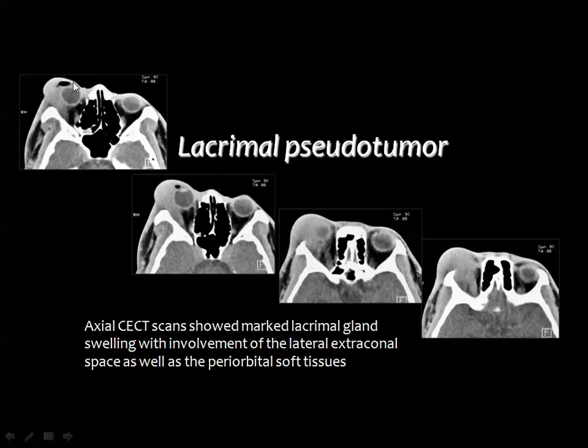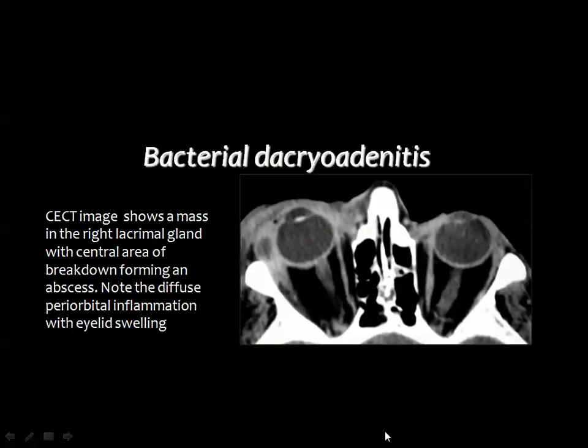This air is trapped between the eyelid and the globe, and you see a slight extension of the process to involve the lateral rectus, which is the most commonly affected extraocular muscle in orbital pseudotumor.